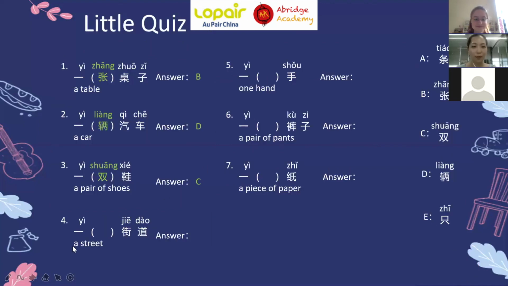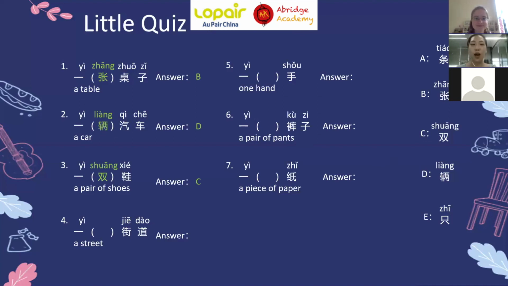All right, the fourth one. A street. What to use to describe a street? Think about it. 一条街道. A tip for you is, what's the shape of the street? It's long and thin. They are narrow, they are long, right? So a street is long and narrow.